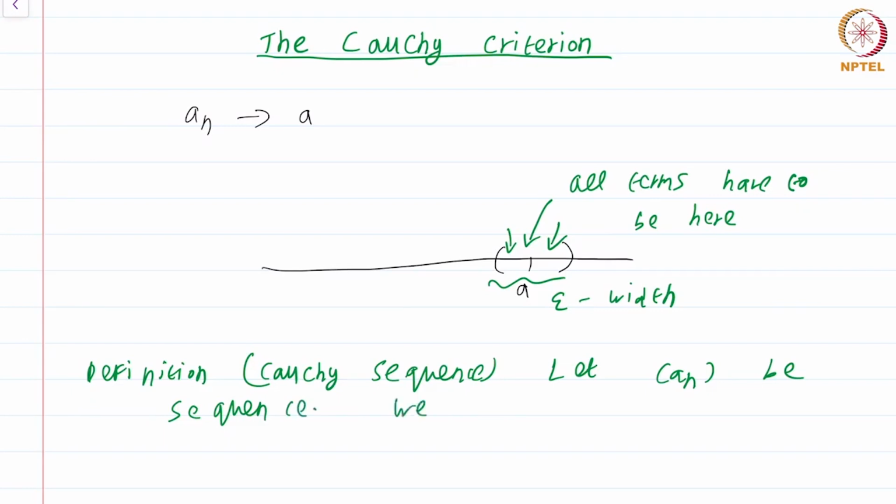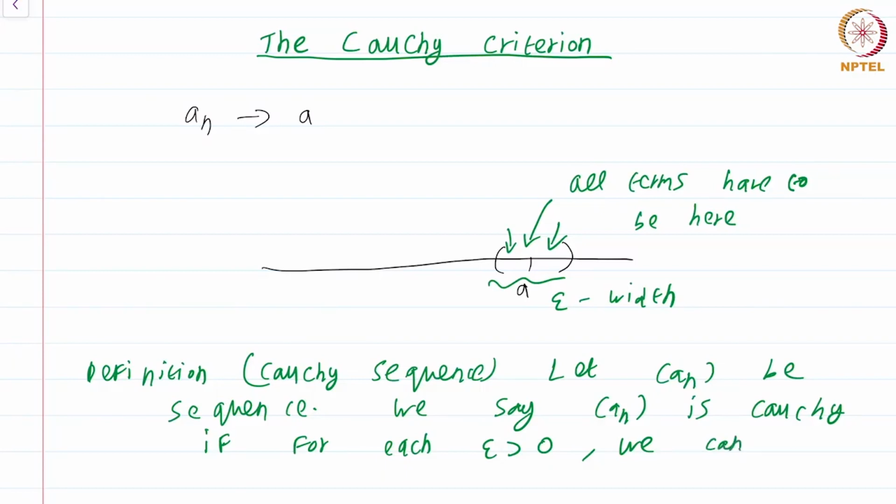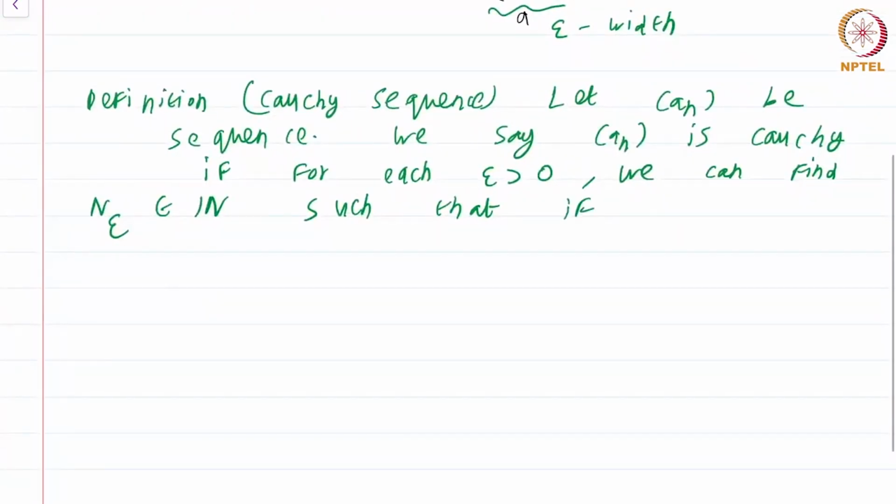We say a_n is Cauchy if for each epsilon greater than 0, we can find N_epsilon in the natural numbers such that if n is greater than N_epsilon, then so far it looks like the definition is exactly the same.